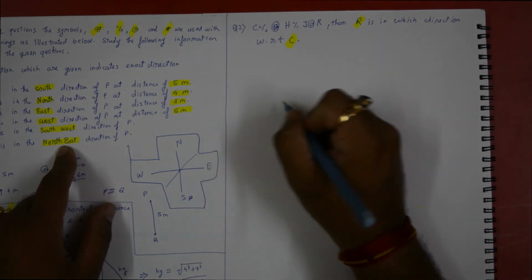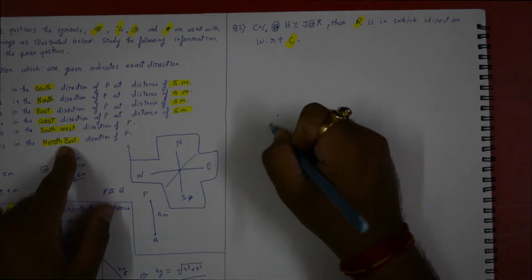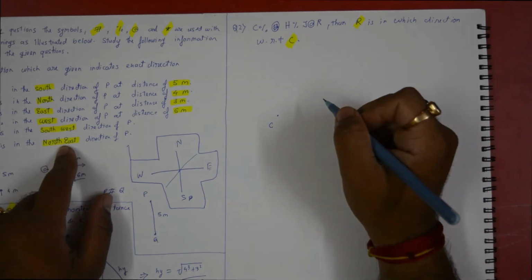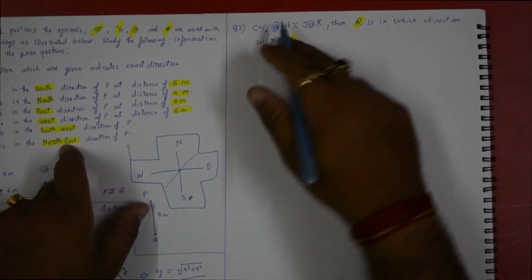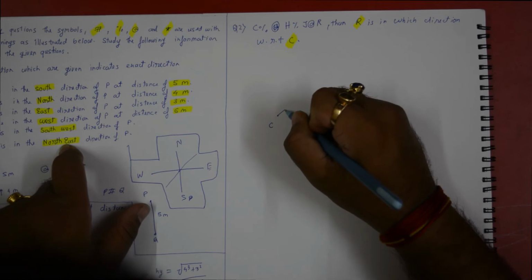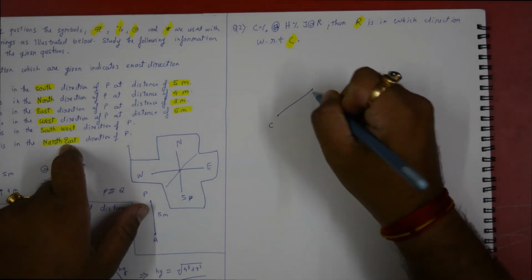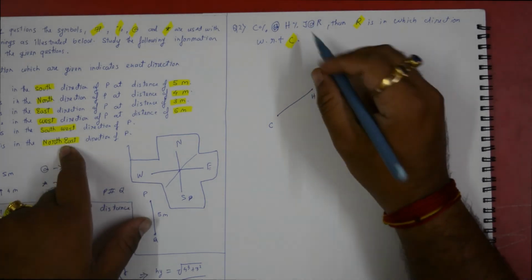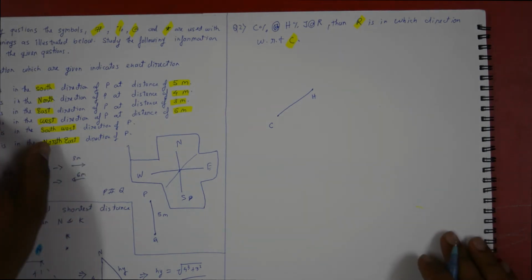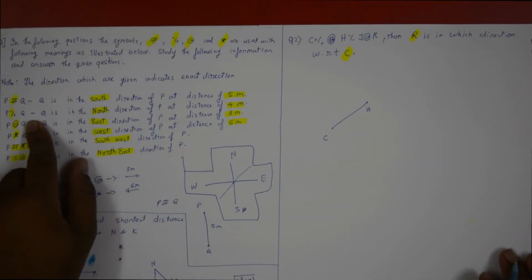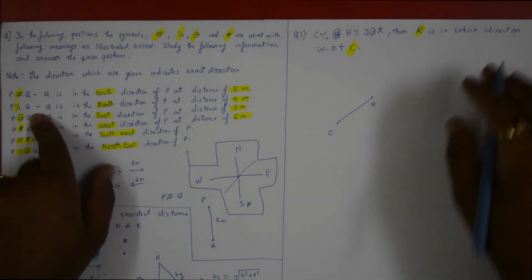So let's put C somewhere over here. This is your C. Now let's see next H. So let's just give it like this. This is your H. Now percentage. Now it's much better visible.